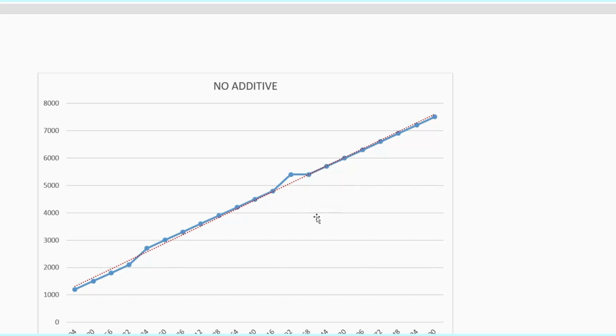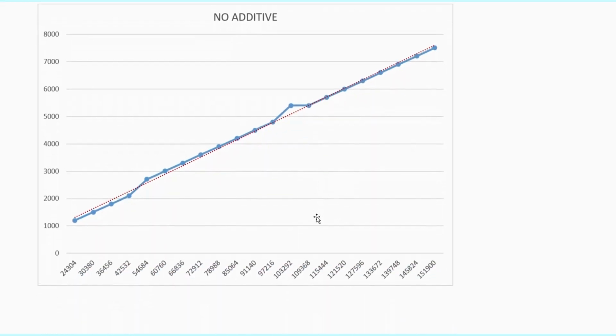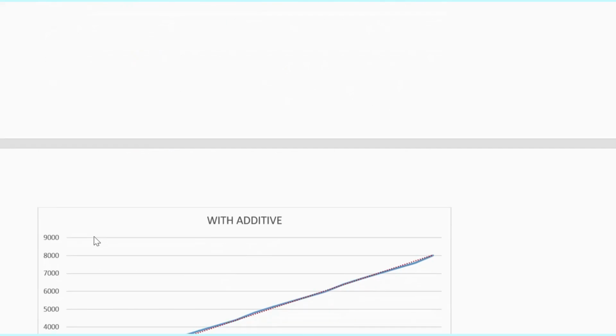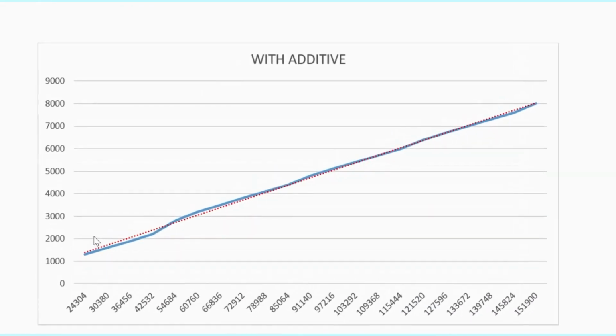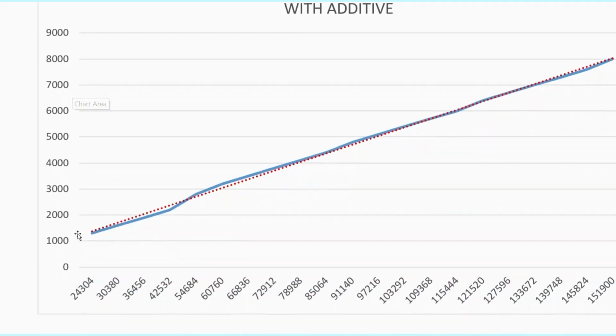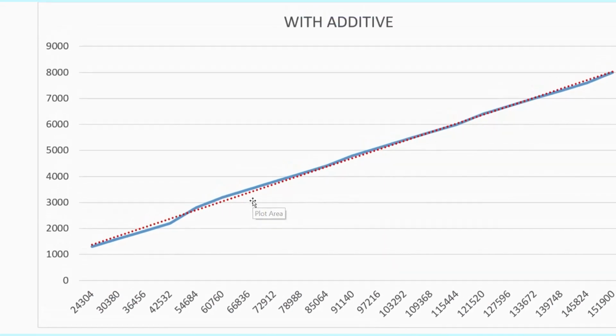However, what I did next is that when I plotted the same vertical height with the additives, with the 100 feet additives against the horizontal distance, you can see now the graph was becoming a bit more straight.